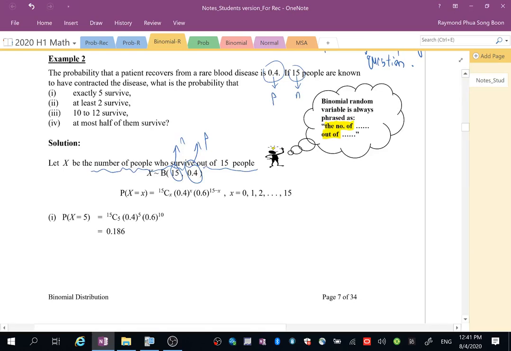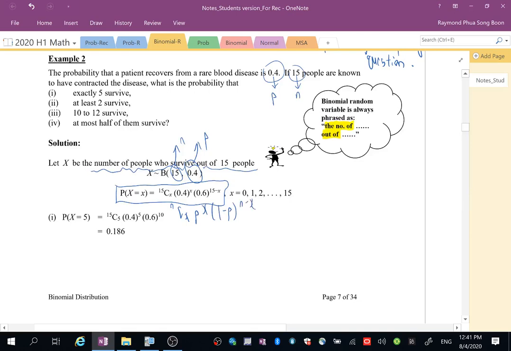You have also learned previously that the formula for a binomial distribution to calculate the probability is n choose x times p to the power of x times (1 - p) to the power of n - x.